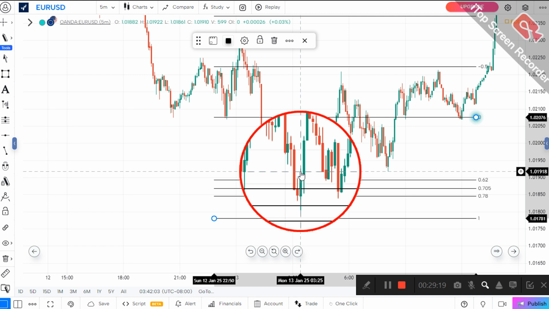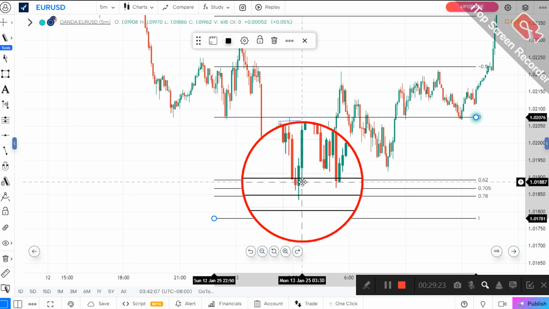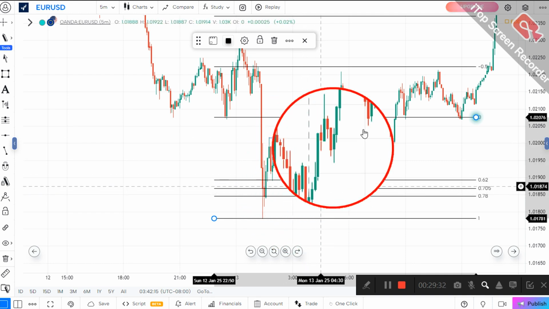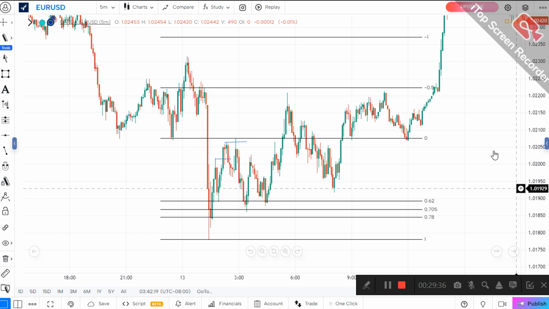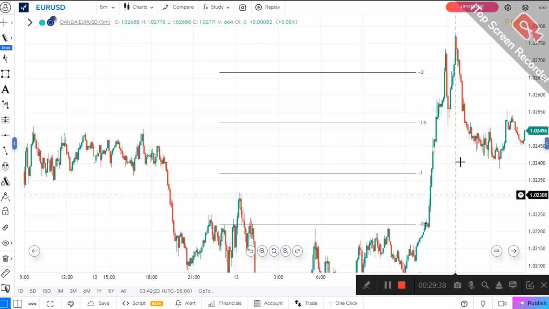Again you wait for it to touch that low, and you put your stop below this low, and then boom. The bigger your target, the more money you will earn.